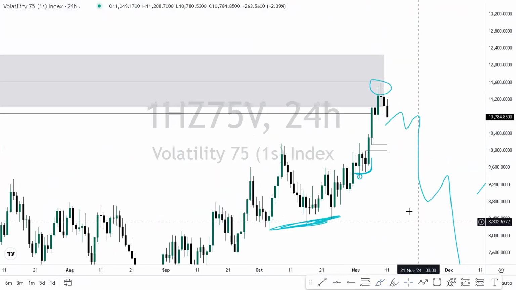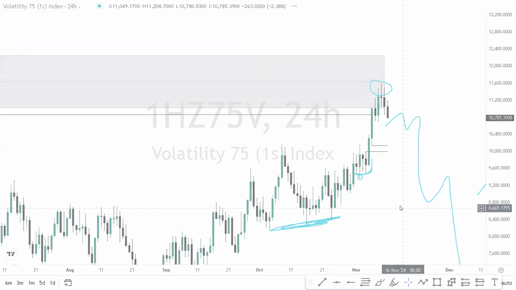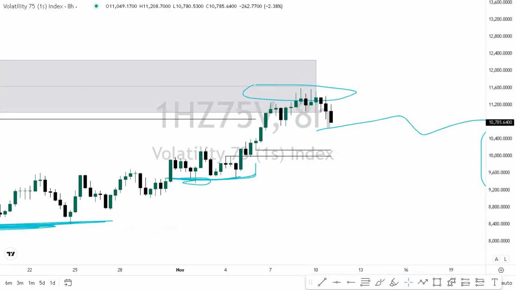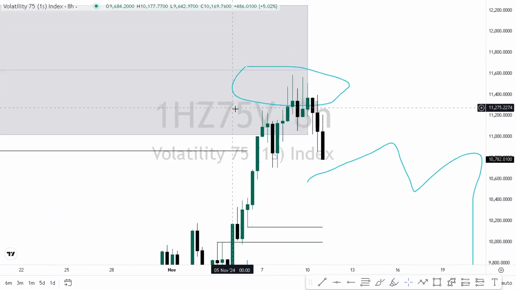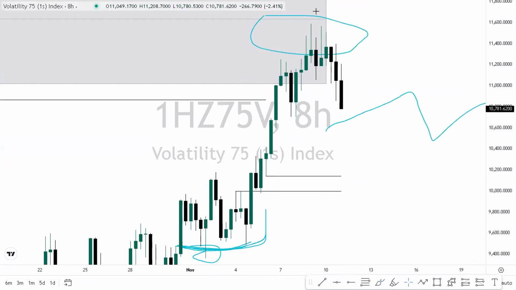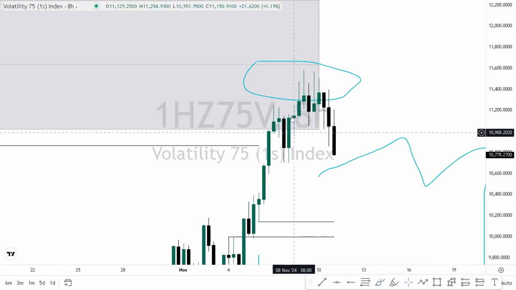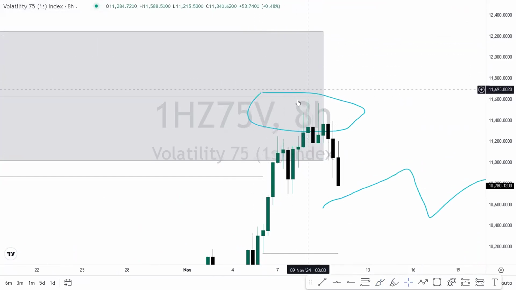Now, I will continue the analysis to the lower time frame, so the 8 hours time frame specifically. If we check the 8 hours time frame, you'll notice how the market displaced, I repeat, displaced into the POI. After displacing, we rallied into almost 50%.